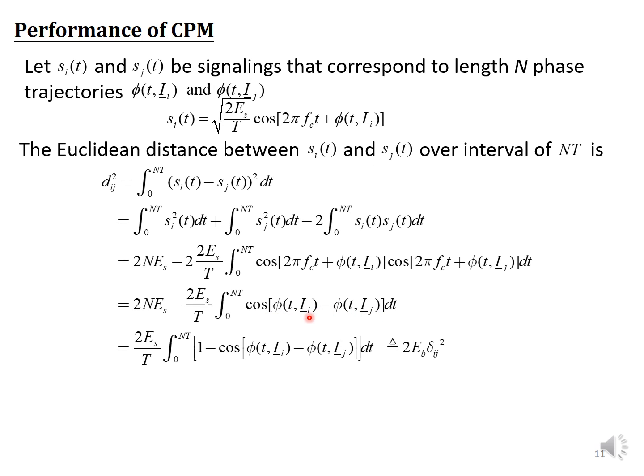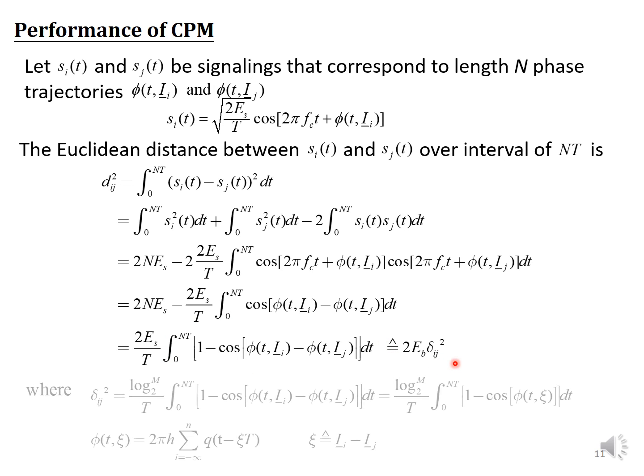The difference of the phase, together with the distance, gives us the final representation of the distance. Over Es is the symbol energy, and Eb is the bit energy, and let's denote this overall integral as delta_ij. Delta_ij represents the overall result of the integral.